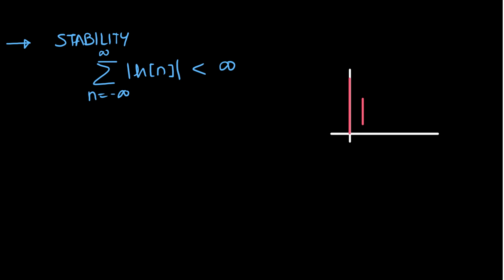As the value of n increases, the value of h of n decreases. As n tends to infinity, the value of h of n will tend to 0, and such types of filters which are decreasing in nature are absolutely summable. That is, the condition of absolute summability is valid for this case.